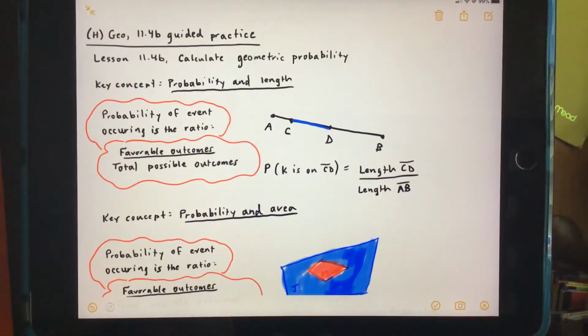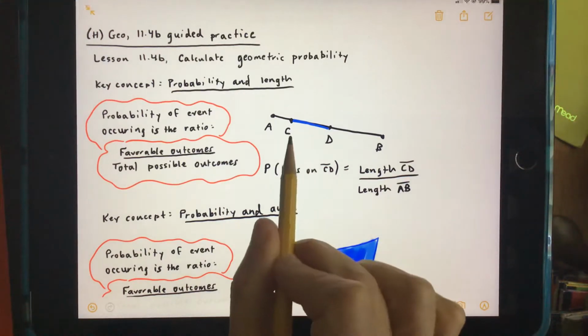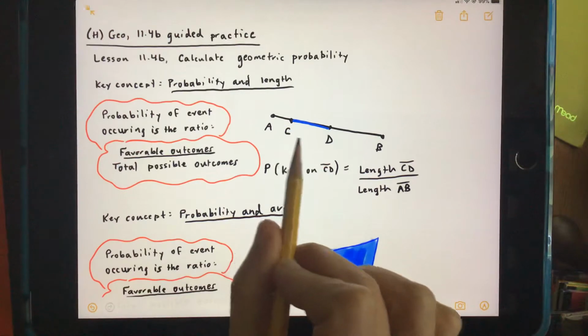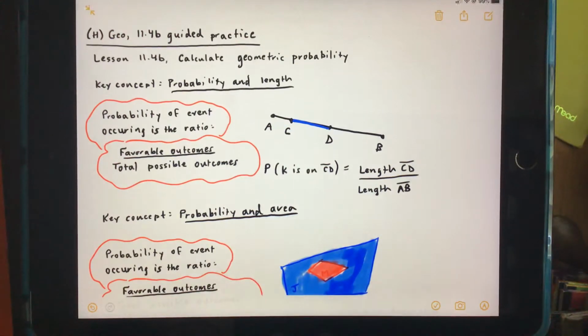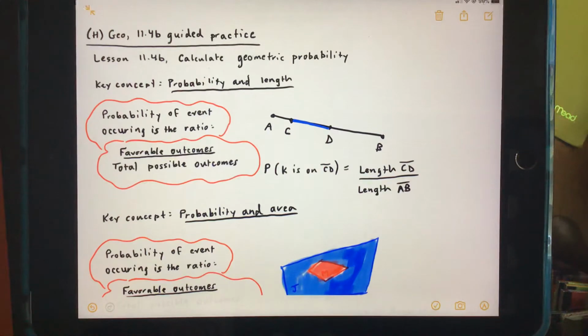To figure out whether any random point K is on CD, we would have to figure out how long it is from C to D. And then we would also have to know how long it is from A to B, and we'd write the ratio of the length of CD over the length of AB. That would give you the likelihood, or the chances, of a random point being selected on CD.